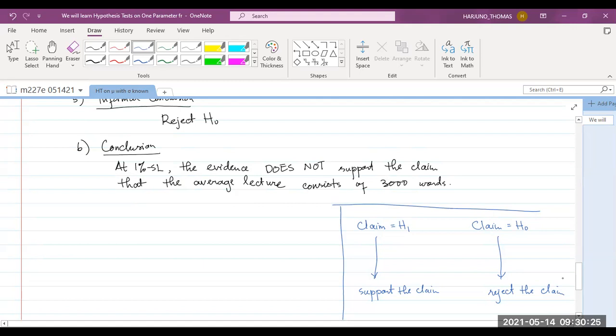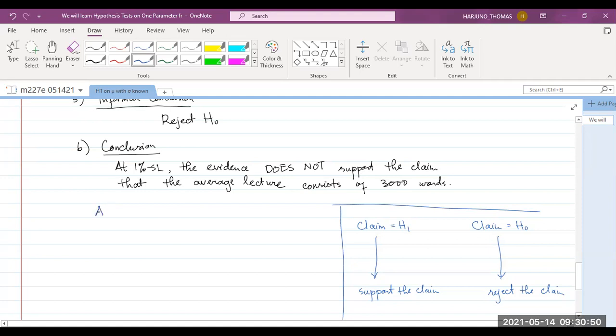The null hypothesis, the status quo, already has the benefit of doubt, such that unless I come up with something very different, I have to accept the status quo. If you want to be more elegant in concluding, I will not give you extra points for this, but it is something for you to know.